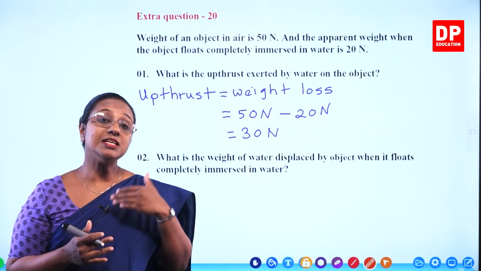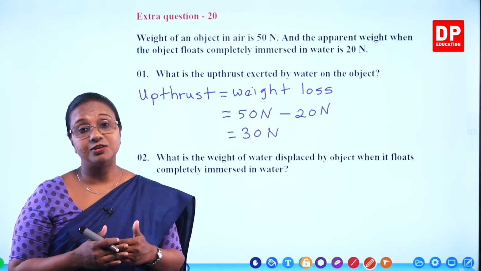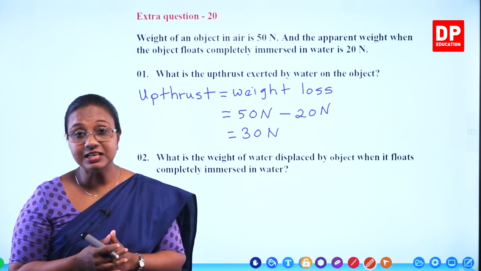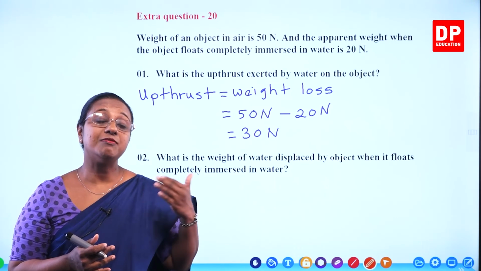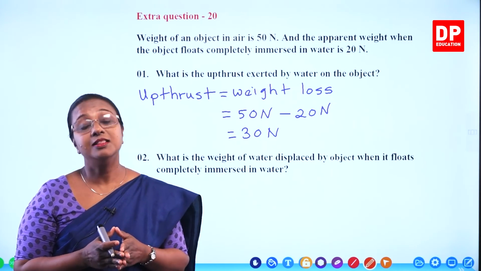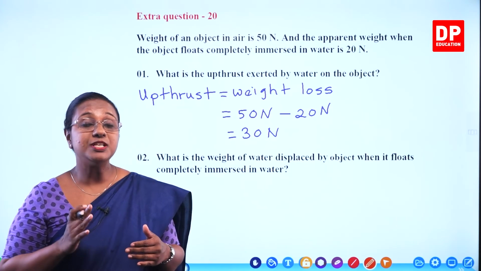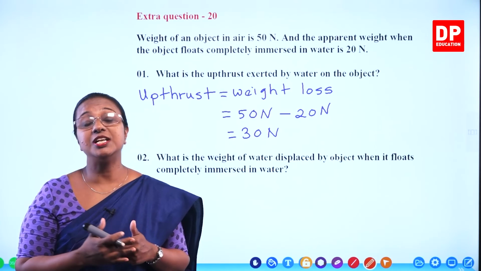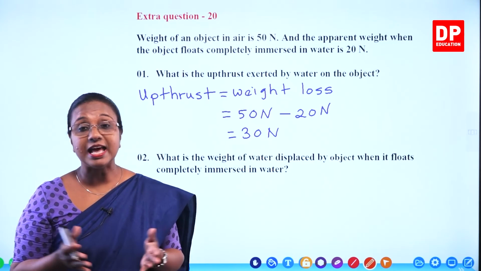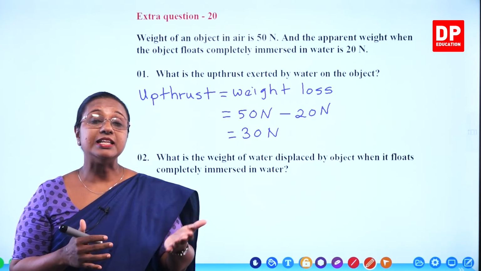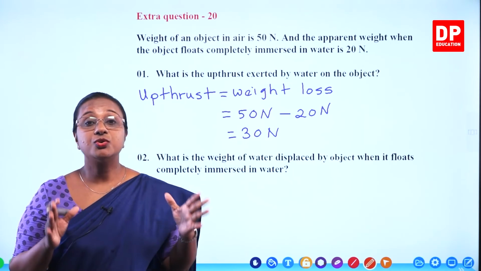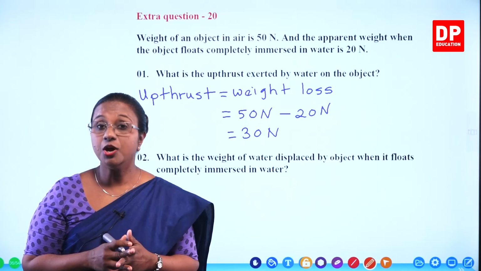If the upthrust is less than the weight, the object will sink in water. At the same time, if the upthrust is greater than the weight, the object will be pushed further up so that it will float partially submerged in water or any fluid, so that the upthrust will be equal to the weight of the object. So that is how the flotation occurs.